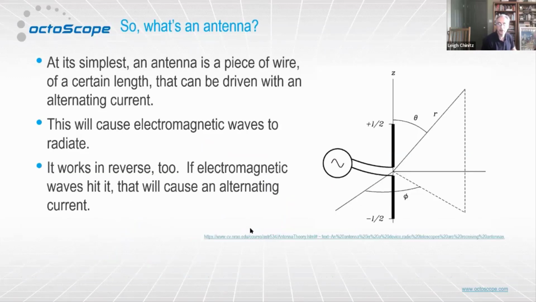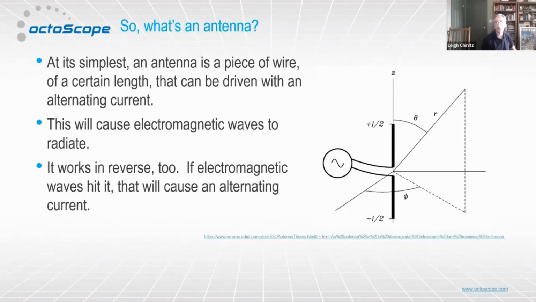All right, so now, that being said, we have our basic physics out of the way. So what's an antenna? An antenna is basically a piece of wire that's connected to a source of alternating current. And as described, we can then drive the current up and down this wire, and that will cause electromagnetic waves to radiate. It actually works in reverse too. Almost everything that we'll talk about today works in reverse.